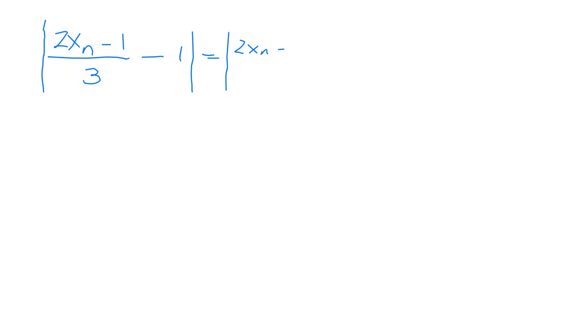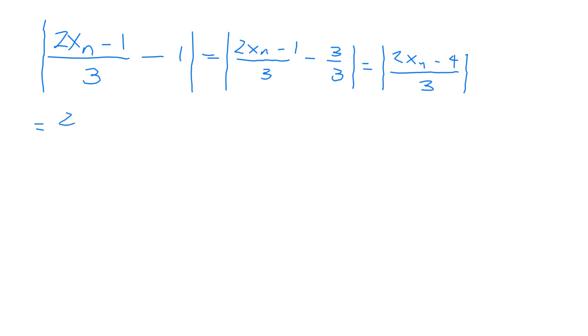I'm skipping a step for this one. Over 3 minus 3 over 3, which is equal to, combine the 3 and the negative 1, 3 minus 1. So that's 2x sub n minus 4 over 3, which is equal to 2 over 3 times x sub n minus 2.